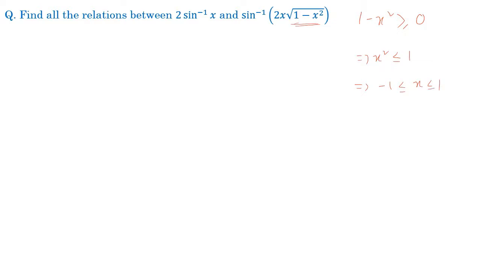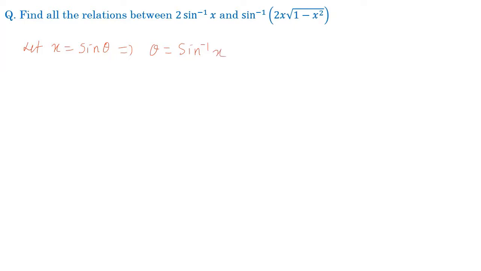So this is also the range of sine function, therefore we can take the substitution for x as sine theta. So let x be equal to sine theta. It will imply theta is equal to sine inverse of x.